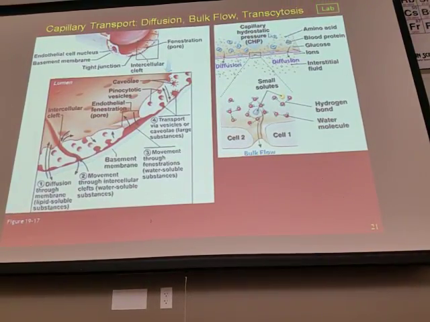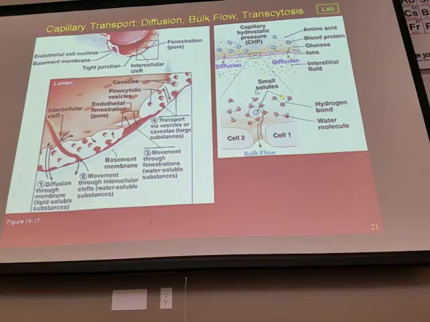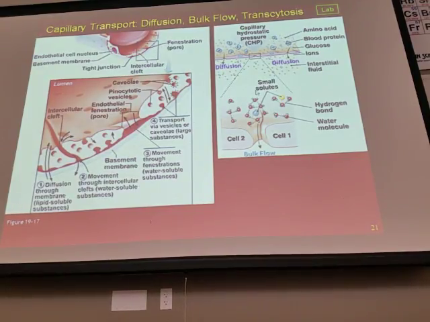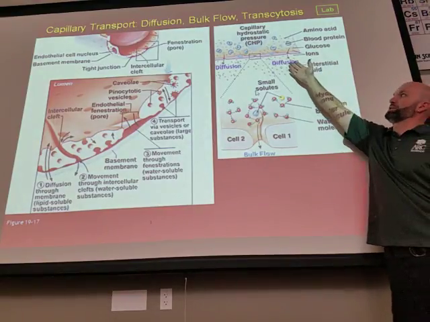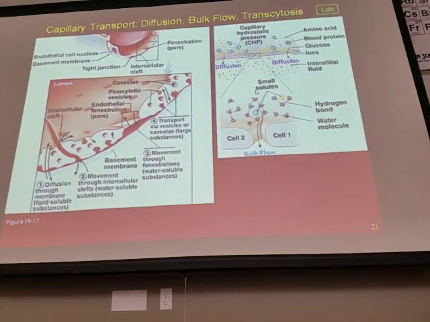The pressures responsible for bulk flow are hydrostatic pressure and oncotic pressure. Those are the pressures involved in fluid movement. As far as diffusion of a solute, it's just a concentration gradient.